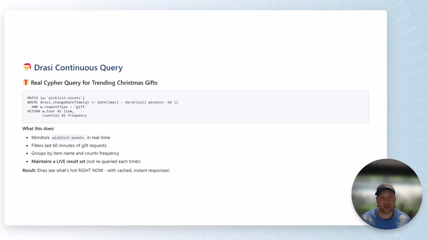So we've got a match that finds any wishlist event, so that's any event that's hitting the event stream, where within the last 30 minutes, it will then filter it based on a request type of gift. In this case, we could have another one as well with behavior, so naughty and nice, and we do, but this one is just gift, and then return the items by the item count and count their frequency.